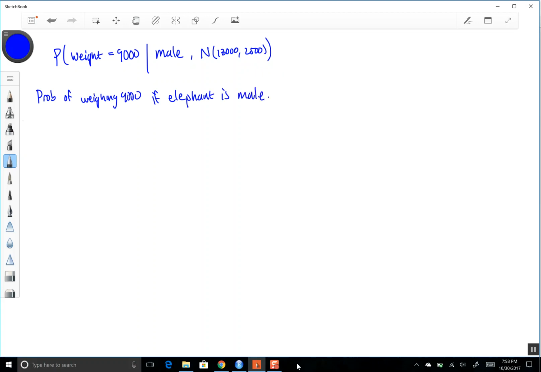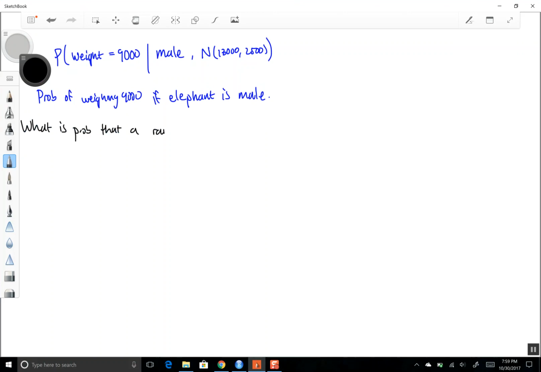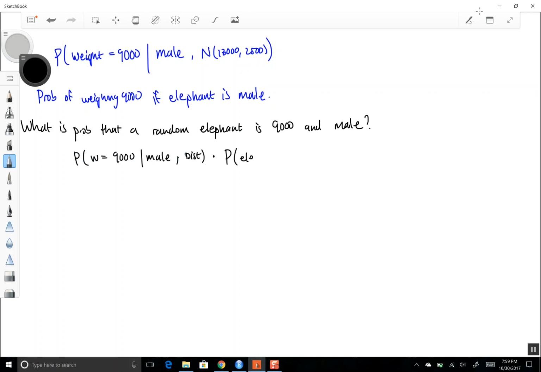All right, so then if I asked what is the probability that a random elephant is 9,000 pounds and male, then this would be the probability of weight equal to 9,000 given male times the probability that the elephant is male, right?